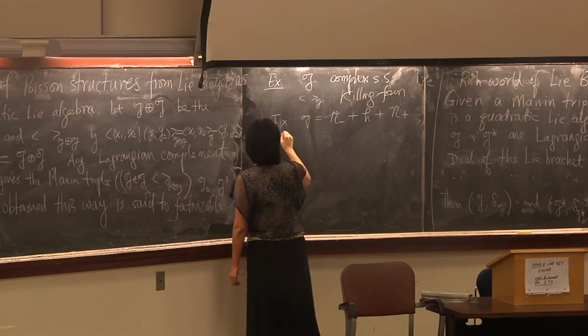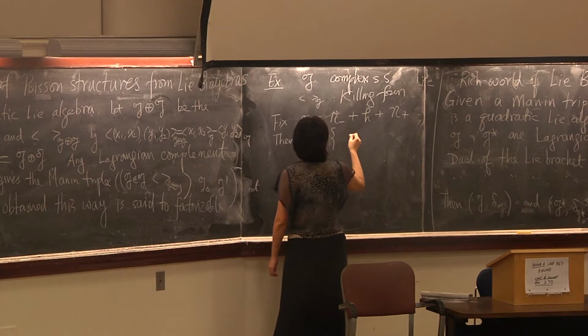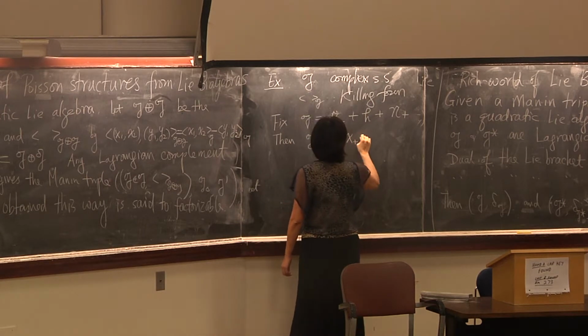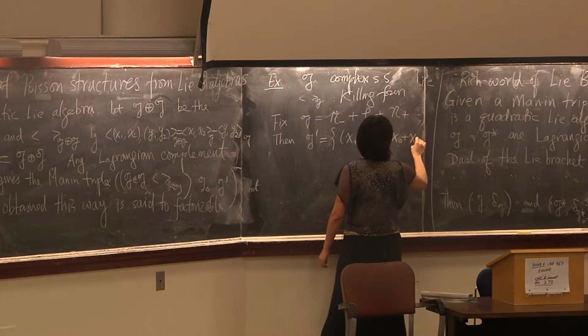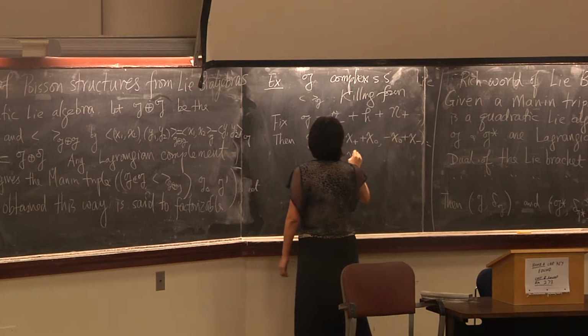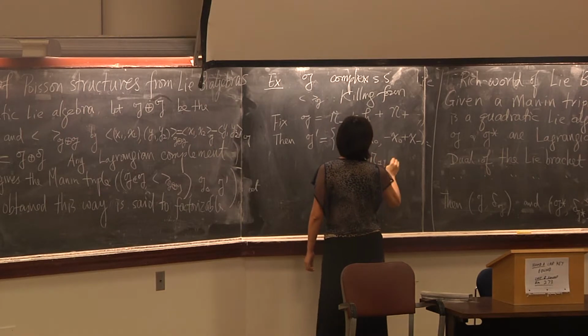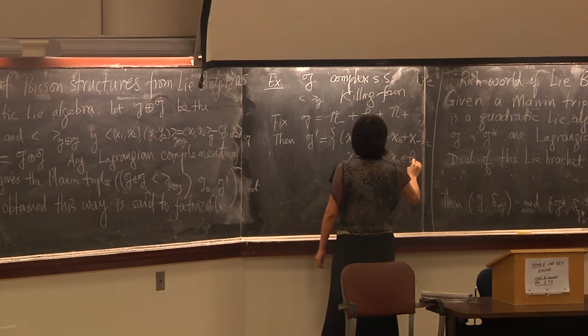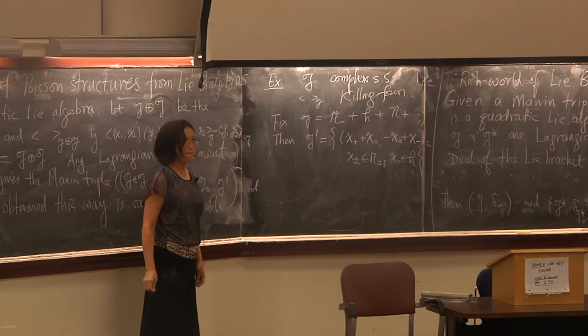Then I can take G prime to be something like this: x plus x0 minus x0 plus x minus, where x plus and x minus belong to n plus and n minus, and x0 belongs to the Cartan. And this is the Lagrangian complement of the G diagonal.